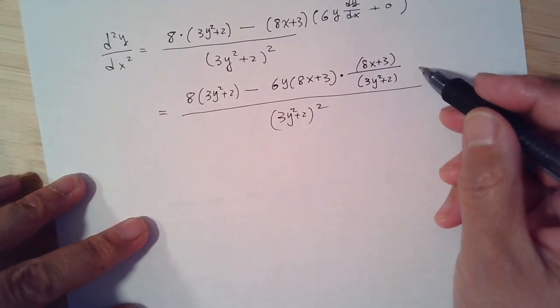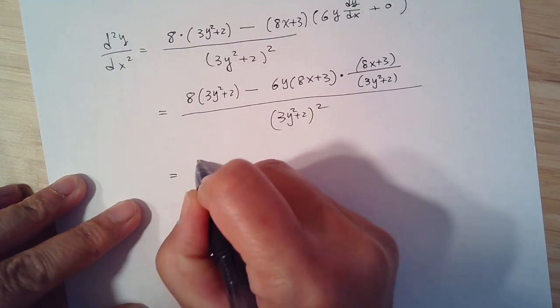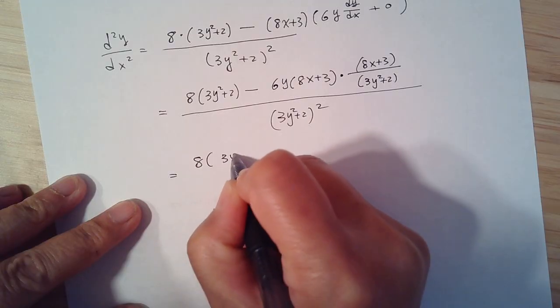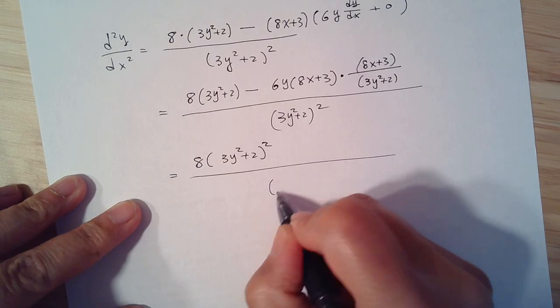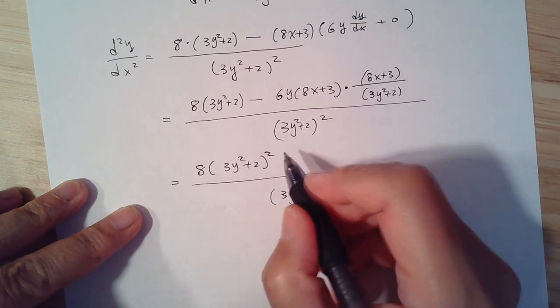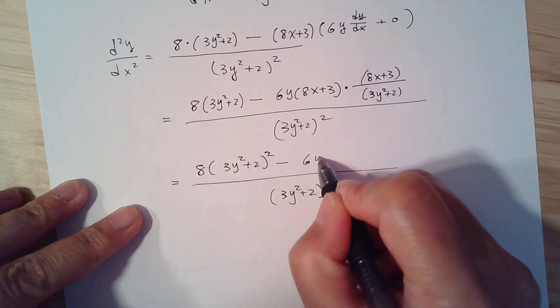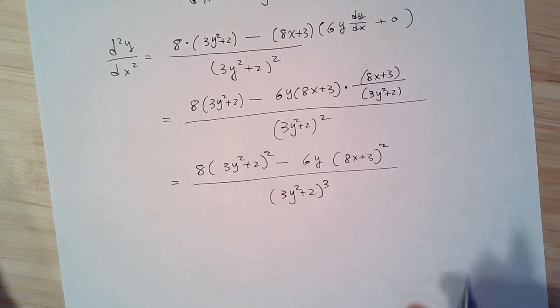Then I multiply by (3y squared plus 2) on both numerator and denominator. So the numerator I have 8 times (3y squared plus 2) squared, the denominator is (3y squared plus 2) cubed, and then in the numerator I get minus 6y times (8x plus 3) squared.